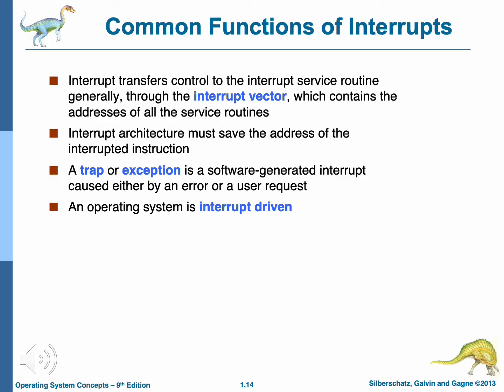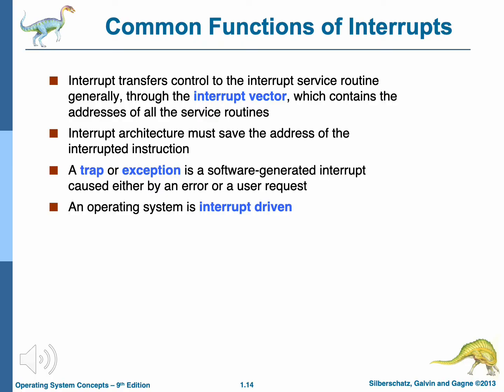These locations hold the addresses of the interrupt service routines for the various devices. This array, or interrupt vector, of addresses is then indexed by a unique device number given with the interrupt request to provide the address of the interrupt service routine for the interrupting device. Operating systems as different as Windows and Unix dispatch interrupts in this manner.